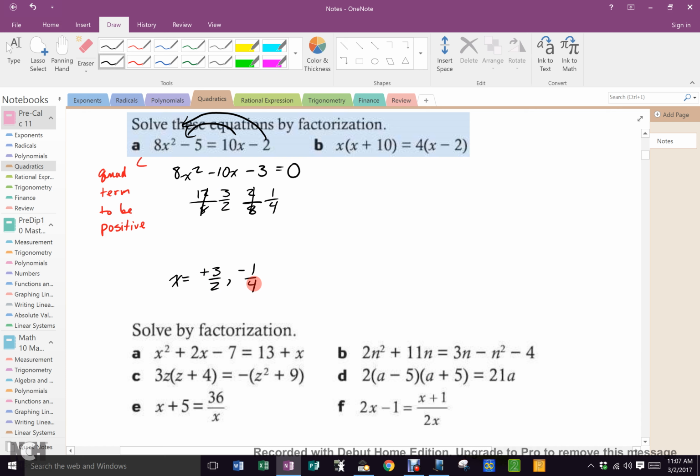Everybody is good? I'll do this one properly. Remember, I find these easier to factor like me. So I have to multiply to negative 24 and add to negative 10. It's 12 and 2, right? Negative 12 plus 2. So it's x plus 2 over 8 and x minus 12 over 8.